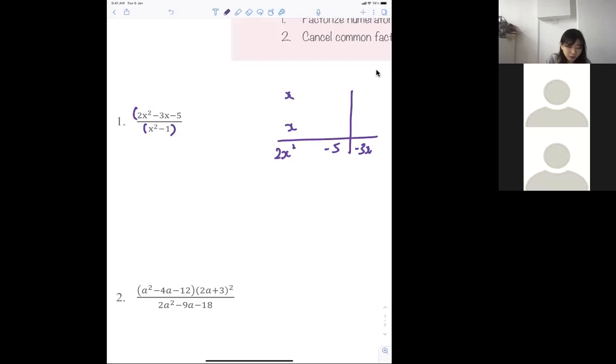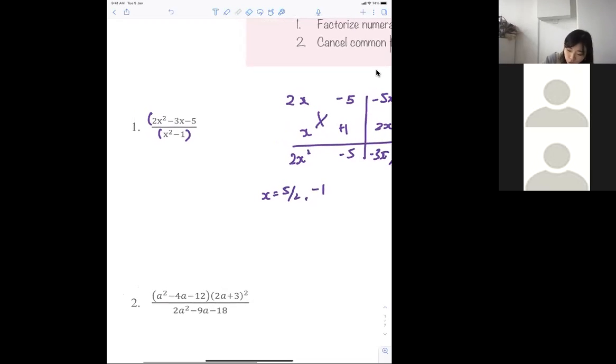So if you get 5 over 2, top number here, I write down the answer first. So 5 over 2 top number, bottom number, positive, you put negative. Next one, negative 1, you just put plus 1. So minus 5x, 2x, you get minus 3x. Okay, that's correct.